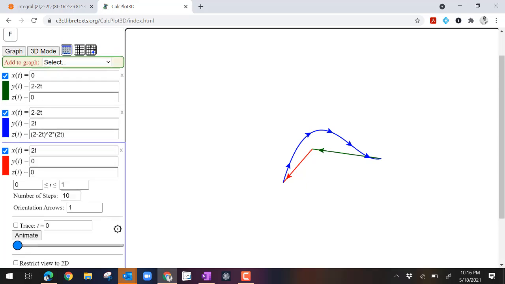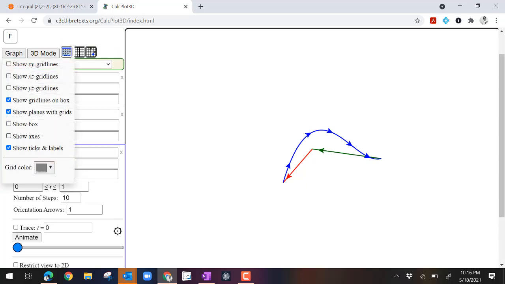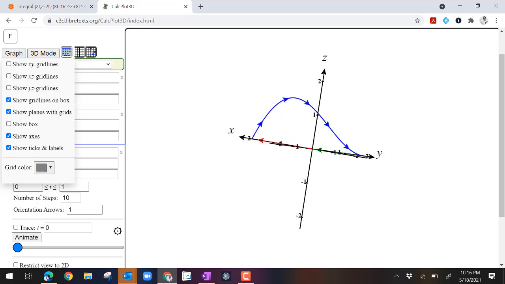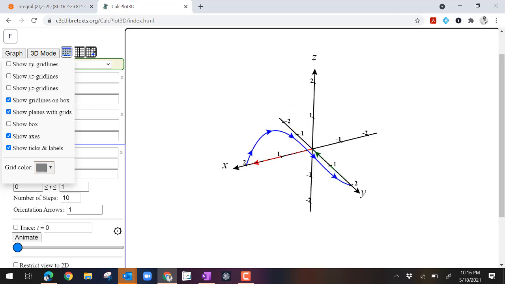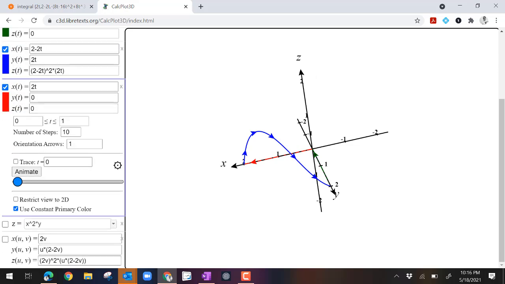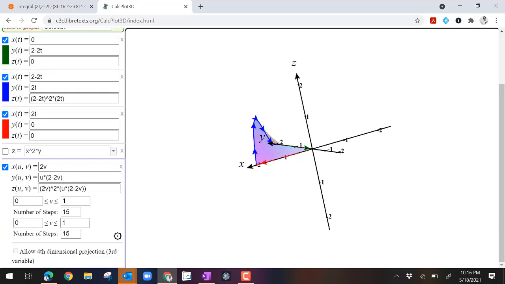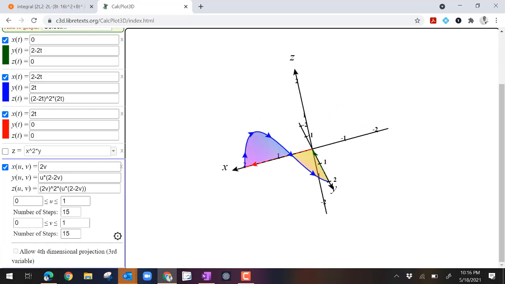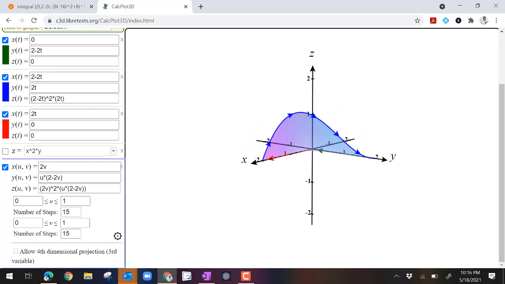And now let's put the axes back. So this is actually what we're looking for as the boundary of the surface. And if we want to include the surface as well, this is the surface and the boundary of the surface put together. All right, so that's the geometric point of view.